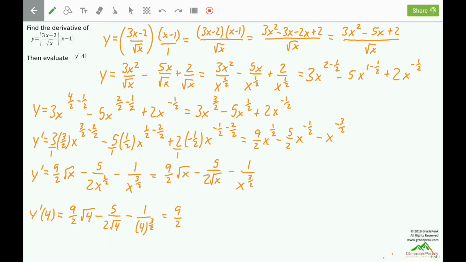The square root of 4 is a 2. Likewise, in the denominator of the second fraction, square root of 4 is a 2. And then 4 to the 3 halves, that means to take the square root of 4, which is a 2, and then cube it. So we'll have just a 2 cubed down there.